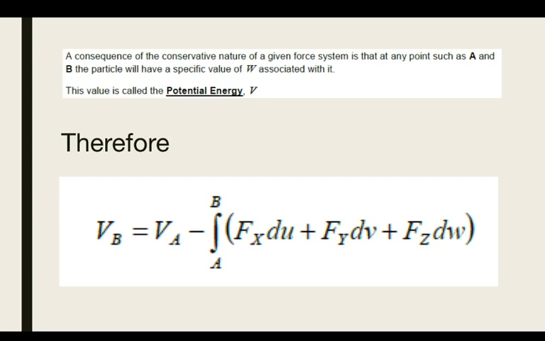Therefore, if you look at the potential energy at B, VB, it is equal to the potential energy at A, which is VA, minus the integral from point A to point B of these three terms. If you integrate these three terms from point A to point B and substitute the VA component, you will get the VB component.